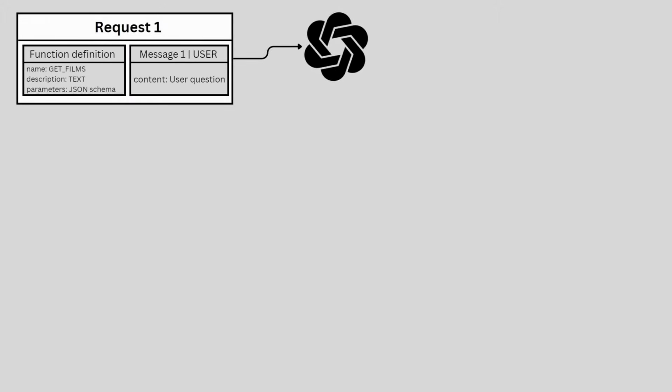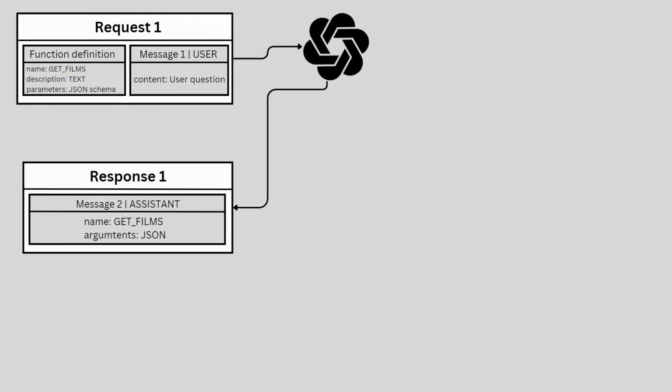Now let's summarize all this with a schema. Here is the AI model, and the first request is sent to the AI model. It consists of the first message with role user and user question and function definition with name, description, and parameters. Then the AI model decides to call the function, so it sends a message with role assistant, function name, and parameters for the function.